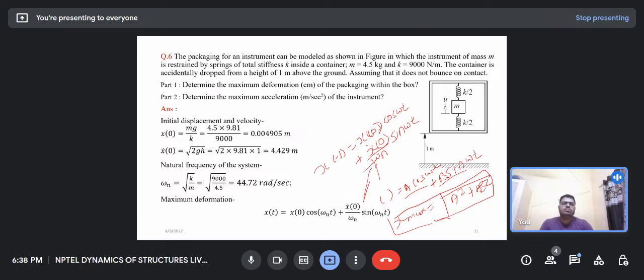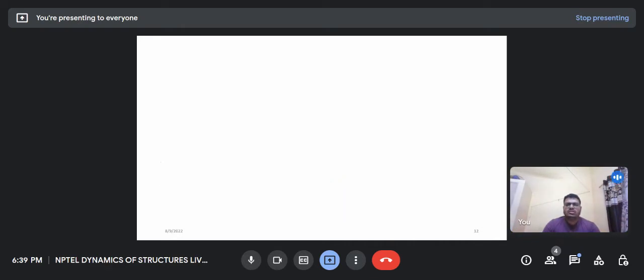Now can you find out your maximum deformation from here? Have you found it? 90 centi... let's check.